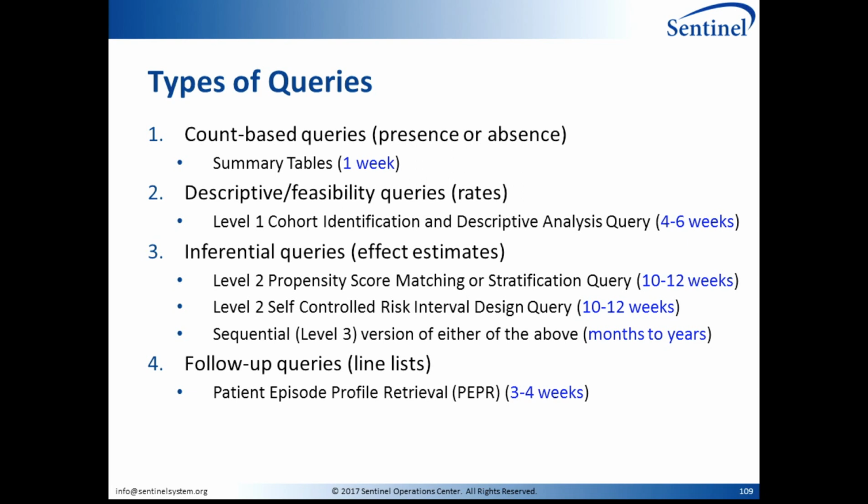And then finally, if I produce an effect estimate and I say a treatment group, users of a particular medication, as compared to a comparator group, users of another medication, and their risk for a particular event, so in this case what we're talking about here is diabetic ketoacidosis in our training example, then I might want to follow up and say, am I really sure that that person actually had diabetic ketoacidosis? And I can do that in one of two ways. One is to look at a profile of that person's claims history.